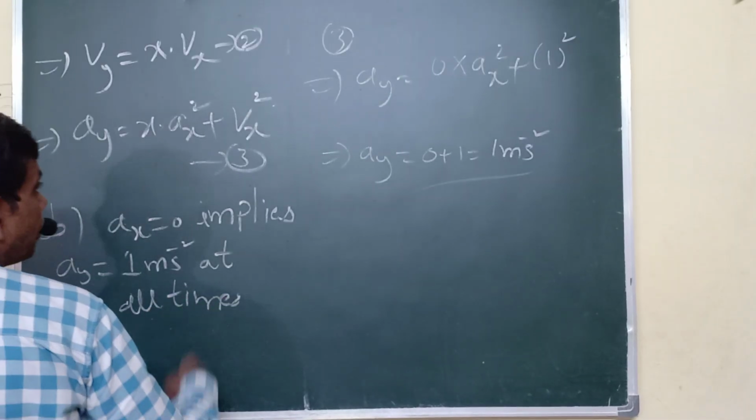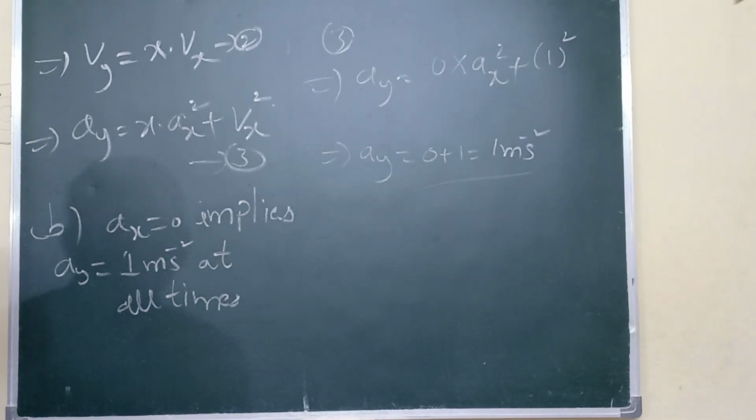So this is our second question. Once you check, is it correct or not? So what are we writing? Ax equal to 0 we are writing.